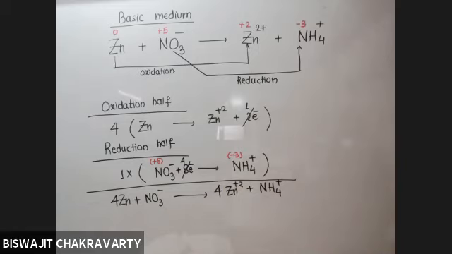Correct me if I'm wrong anywhere. What is the overall charge on the left hand side? -5. How minus 5? -1. This is 0.